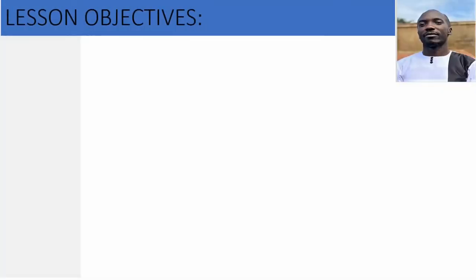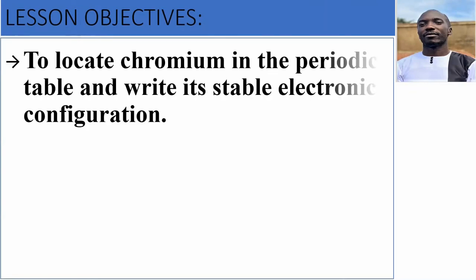So we have our lesson objectives, which include that by the end of this lesson, all of us should be able to locate chromium in the periodic table and write its electronic configuration.